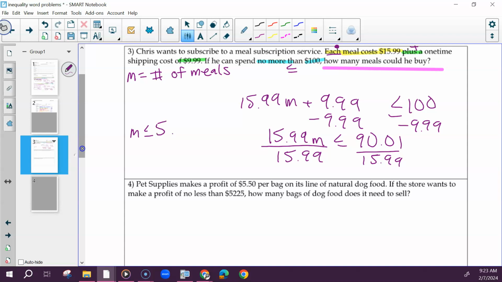So it's not in dollars, but 5.6 what? 69. Okay. So if we're looking for number of meals and he's subscribed to get meals, you're not going to get 0.62 of a meal.